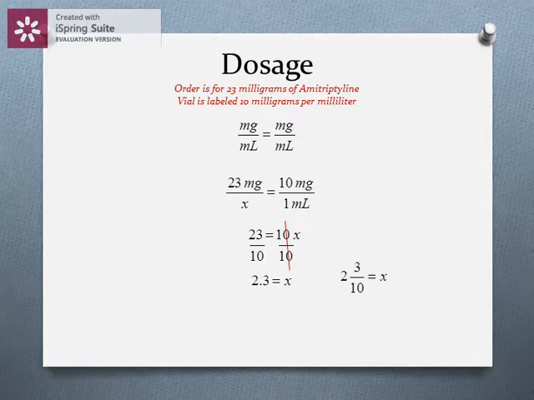But the kicker here is recognizing that 2.3 is the same as 2 3/10, as long as you're respectful of the place value, which is crucial, then you'll recognize that because that 3 is sitting in the tenths place, we have in fraction form 2 3/10.